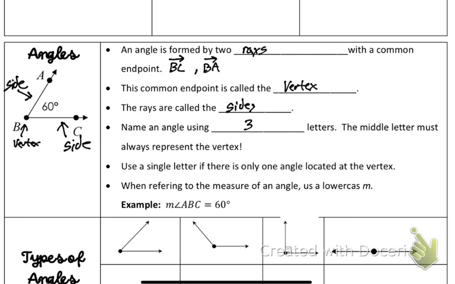The middle letter must always represent the vertex. So you don't get to pick what order you want to name them in. You kind of do, but one needs to be fixed, and that is the letter B. So if I was going to name this angle, I would call this angle ABC, reminding myself that the key part is that B is in the middle.